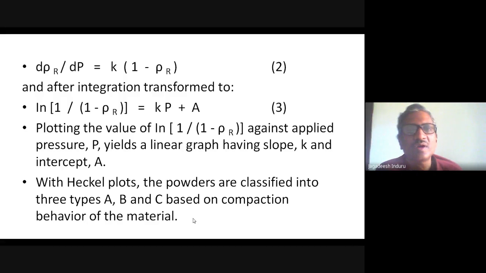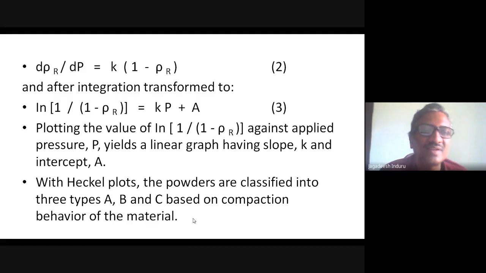When you have got K and A, you can easily calculate the relative density by putting in the pressure, or you apply the relative density and have the pressure calculated.